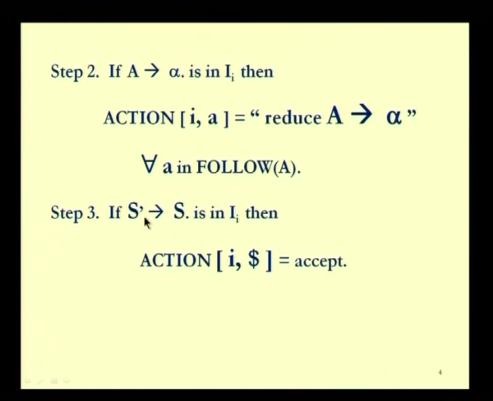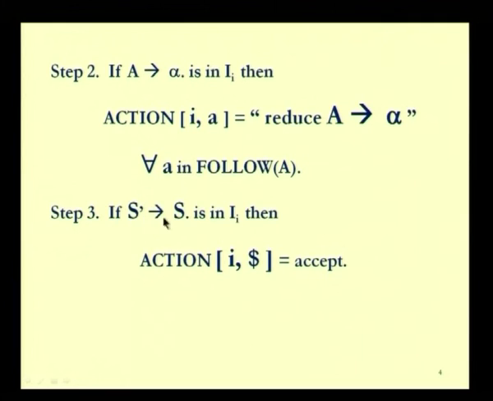So, if we have S' derives S dot in some state called I, that is the production which we have introduced for converting the given grammar into its equivalent augmented grammar. Already I said that the reason why we are introducing this particular item is just for introducing the accept action into the table.